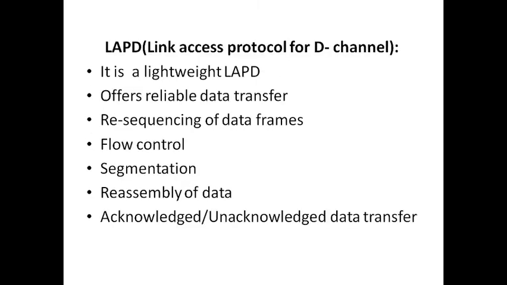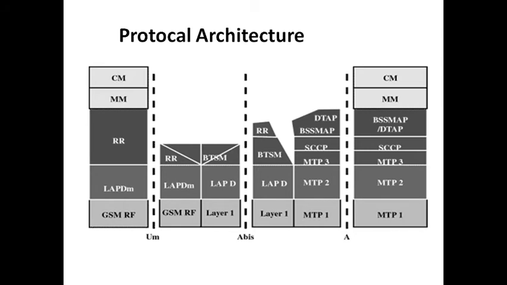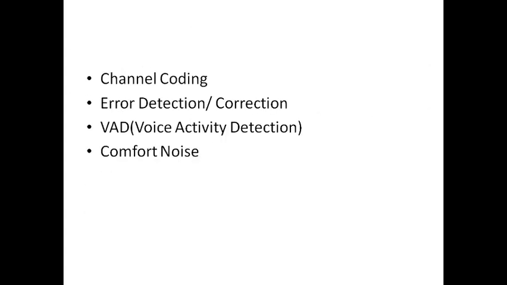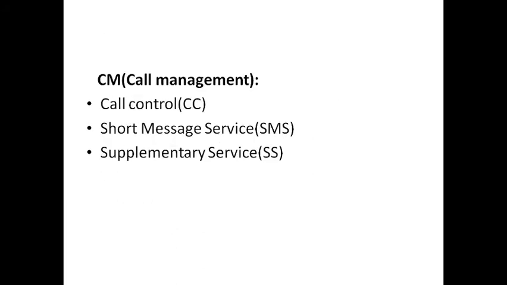In the diagram, call management is situated at the top of the protocol architecture for signaling, above mobility management. Its functionalities are call control, short message service, and supplementary services. Call control provides a point to point connection between two terminals and is used by higher layers for call establishment.